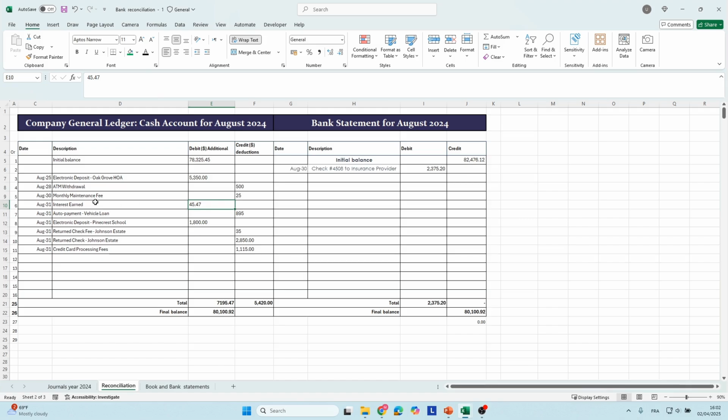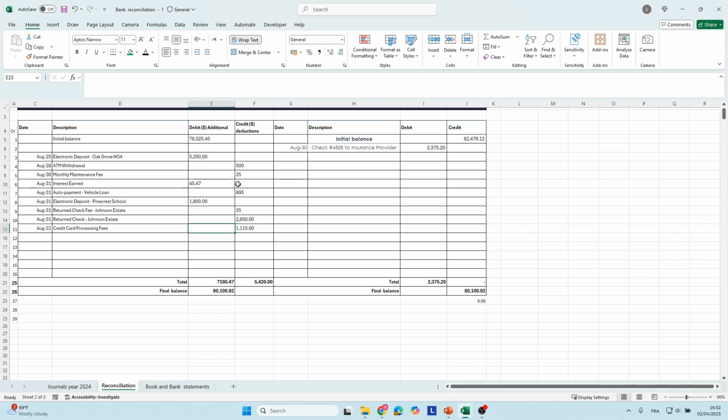For the interest, we debit our cash and we credit our interest income, and we book the $25 as monthly maintenance fees. We debit the charge, which is an income statement, P&L account, and we credit our bank.